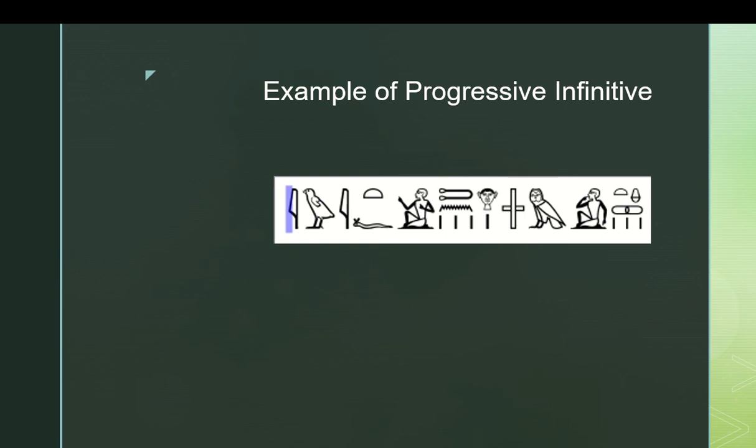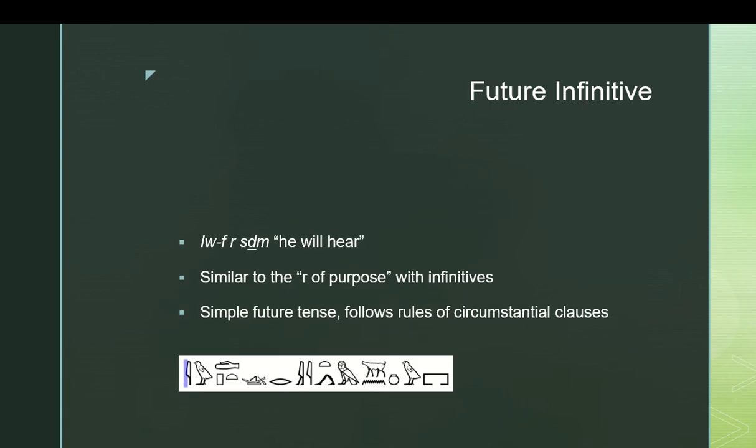We remember wenem is our infinitive because it's a verb, but there's a preposition in front of it. Her means it's progressive, and then ta, bread. So your father is eating bread. Pretty simple sentence, not too hard to parse out. You won't have a tough time with the progressive infinitive, but it's something that needs to be discussed.